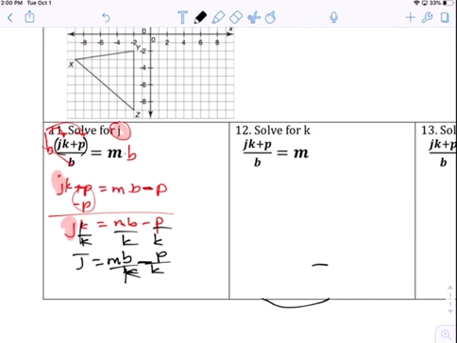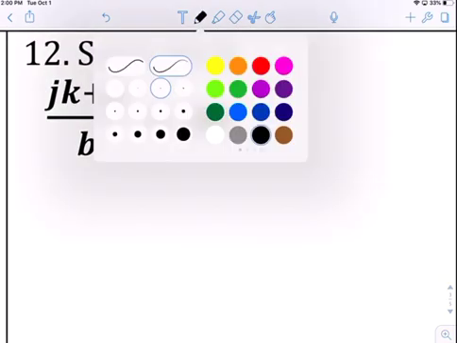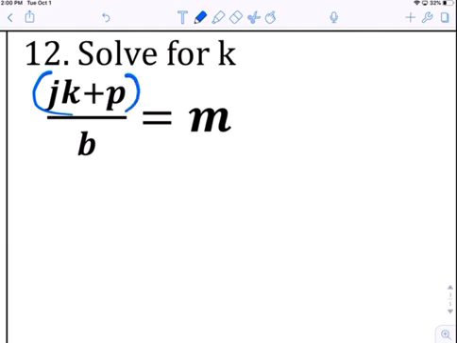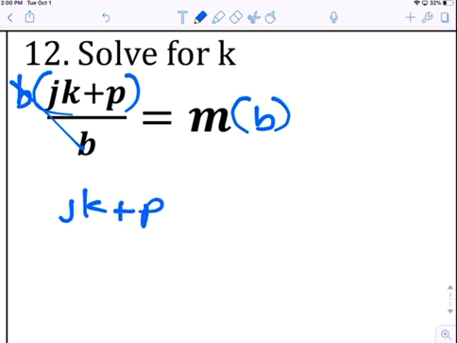Okay, you want K here. You need to get rid of B, so multiply by B. Cancel that. JK plus P, leave it the same.